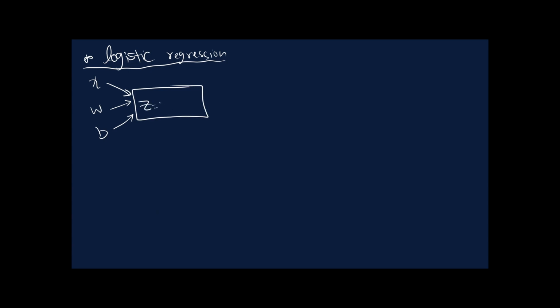So we have Z equals W transpose X plus bias, and then we go ahead and calculate our activation φ(Z), which is the sigmoid activation. Okay. And for simplicity, let's call φ(Z) A. A for activation, just to make it easier.